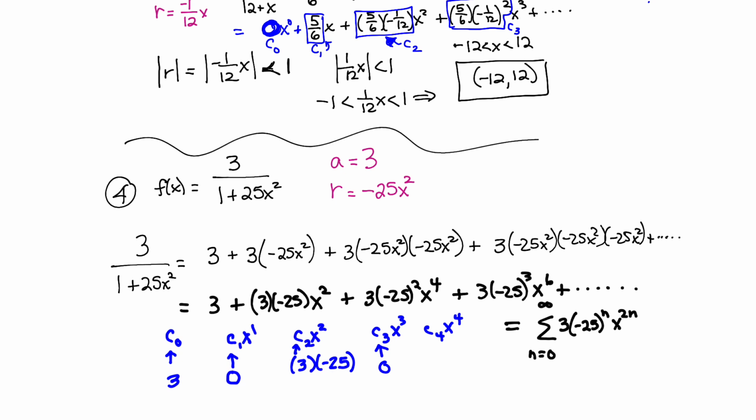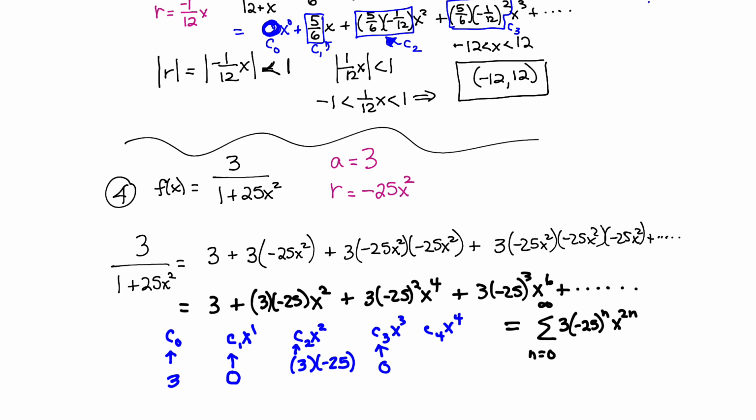It's kind of weird and strange, but because we only have even powers of x, if we put 2n up there, it captures only even powers of x. But the 25s count, right? They go up by 1s each time, and the 3 always stays there. So if we wanted to rewrite it as a power series, it would look like that. But you're not going to be asked to write that right now. Does that make sense? And we would find the interval and stuff.